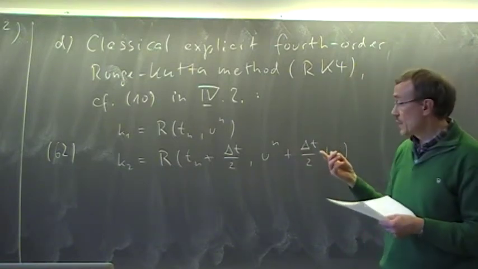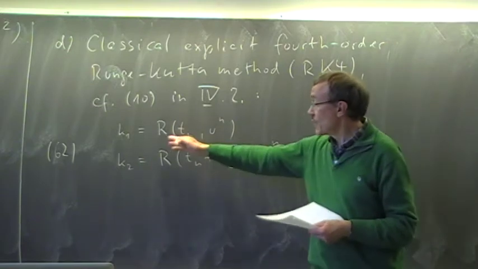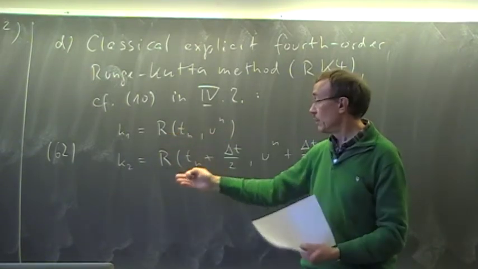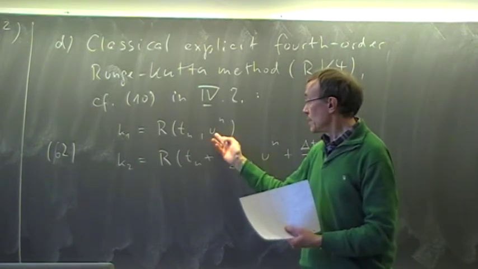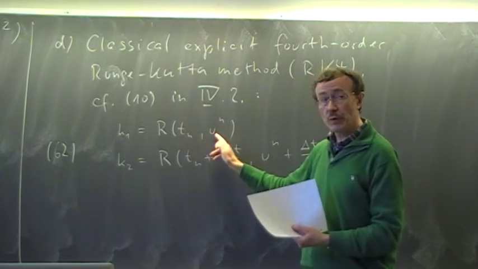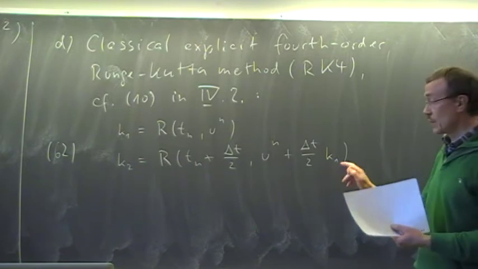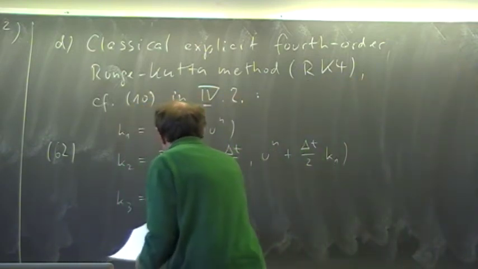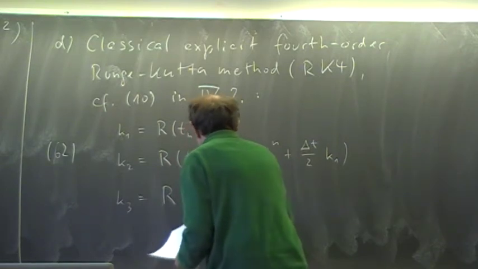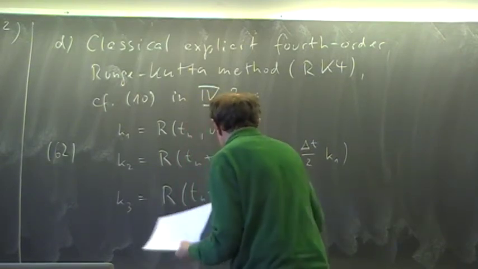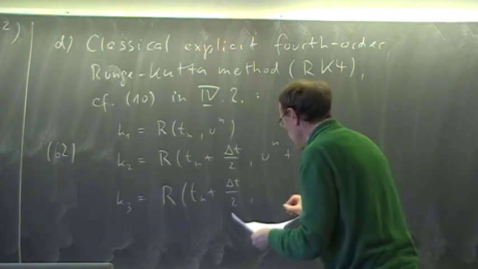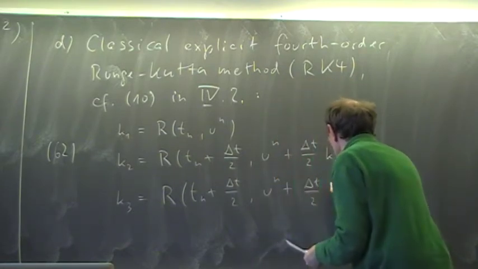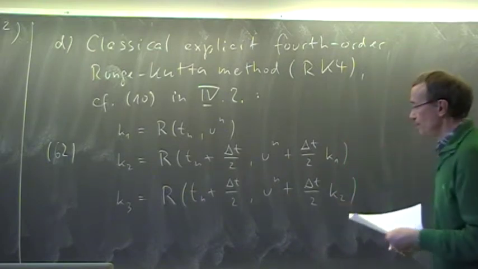And the good thing is, you only need to program this once. You make a function for r, and then you just call the r with, in our case, it is not time dependent, just with the Un, and then next time with this. And the third time, you call it the following way. It is again at Tn plus delta T half in case you have a time dependent boundary condition, Un plus delta T half, and now we take here the K2.